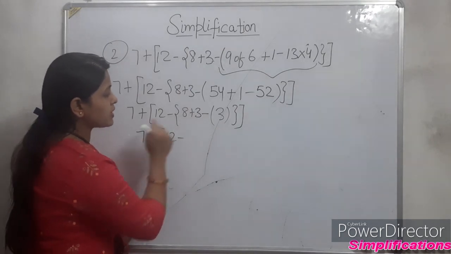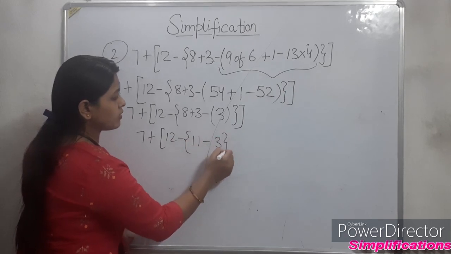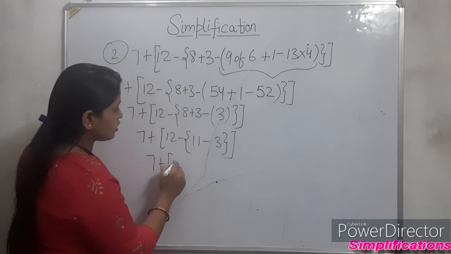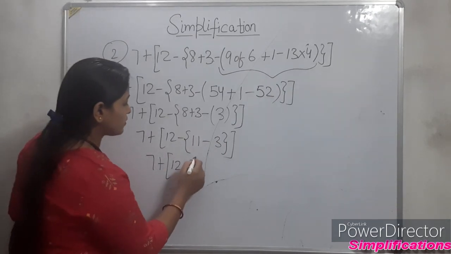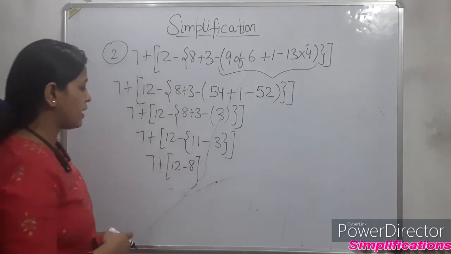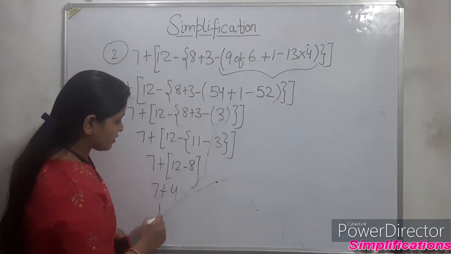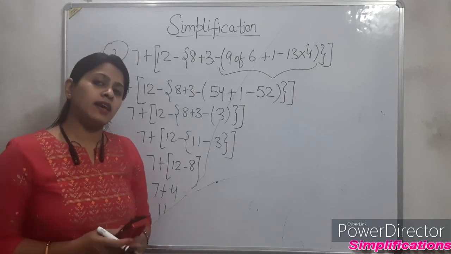Now 8 plus 3, 11 minus 3. Now 7 plus 12 minus 11 minus 3, again 8. So we can remove the curly bracket also. Now 7 plus 12 minus 8, 4. 7 plus 4, 11. So here 11 is our required answer.